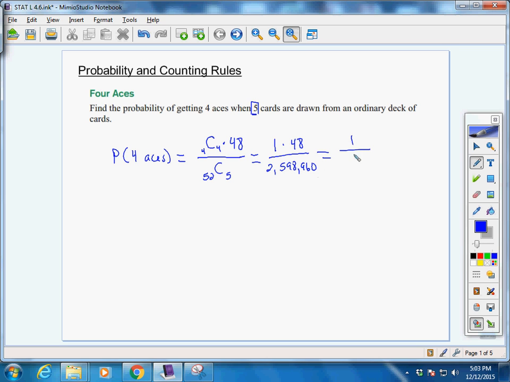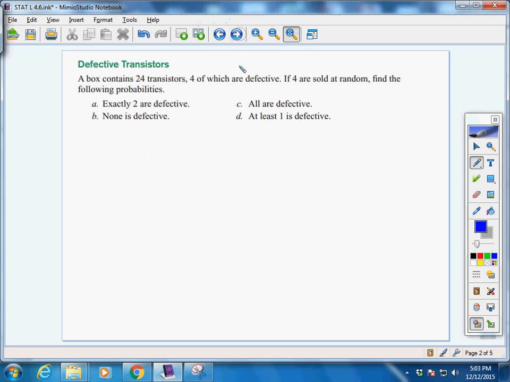Believe it or not, this reduces down to 1 over 54,145, which is a very, very small probability, 0.0000002. As a percent, if you move it over 2 places, it'd be like 0.2%. The tricky part is figuring this out. So let's try another example.